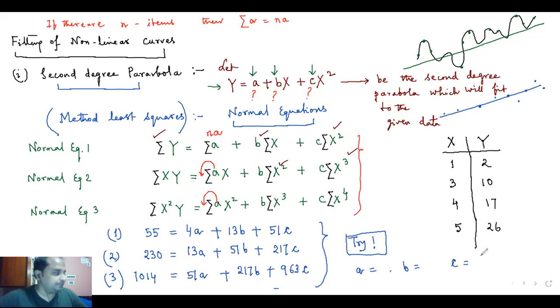Now my data is actually 1, 2, 3, 4 for x and 2, 5, 10, 17, 26 for y. Now with the help of Excel, how can I find the shape of the data? Let me see whether it is indeed the second degree parabola or not. Okay, so I'm stopping the share. I hope you have taken the screenshot of this.